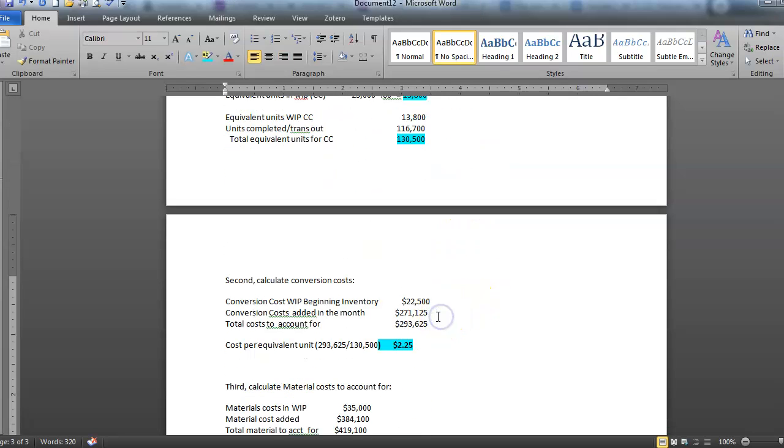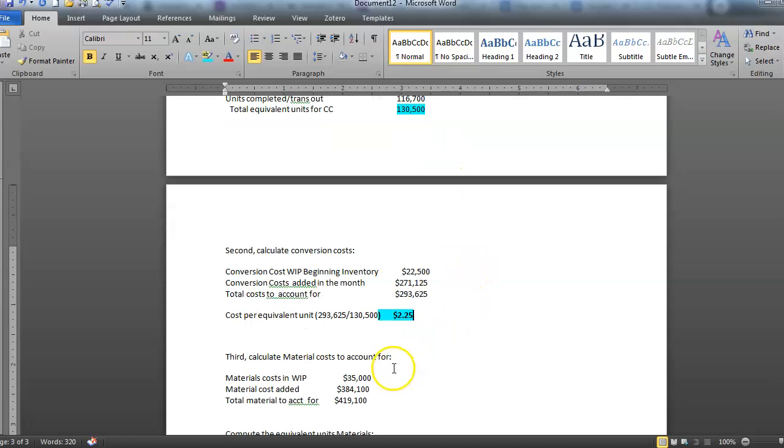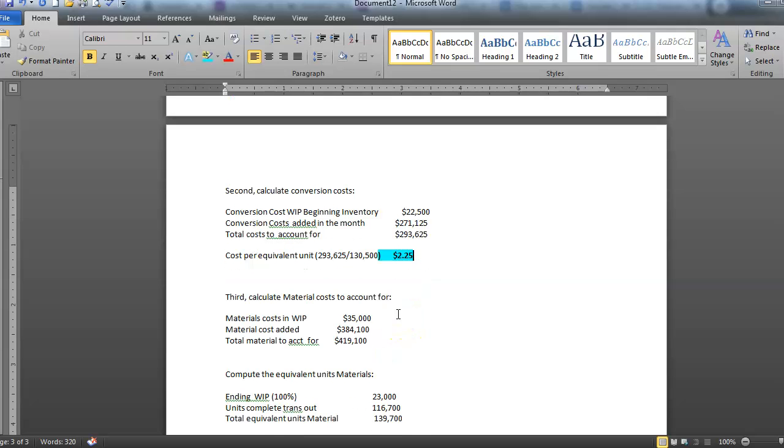Adding the two together, we come to 293,625. So now we are in the best position to compute our cost per equivalent unit based on conversion cost, because now we're going to take our 293,625 and divide it into our equivalent units of 130,500, and we get $2.25. And we're going to use this information in just a second, but let's continue on our process.